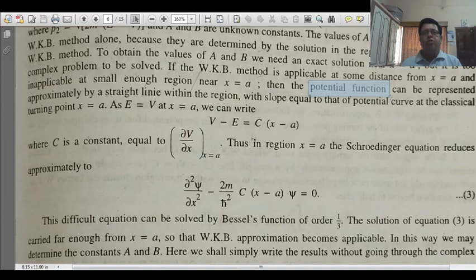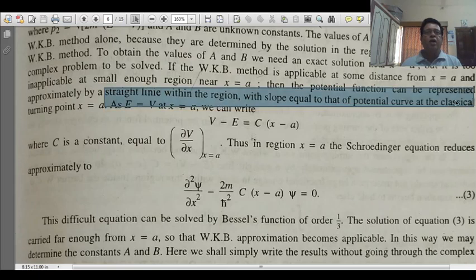In such situations, the potential function can be represented approximately by a straight line within the region with slope equal to that of the potential curve at the classical turning point x equal to a.